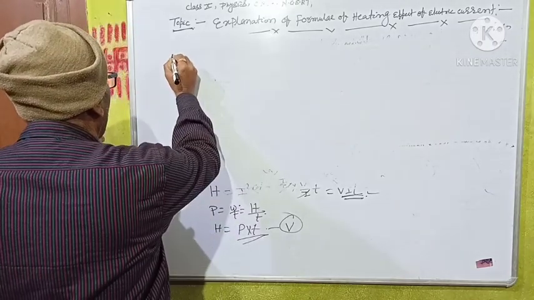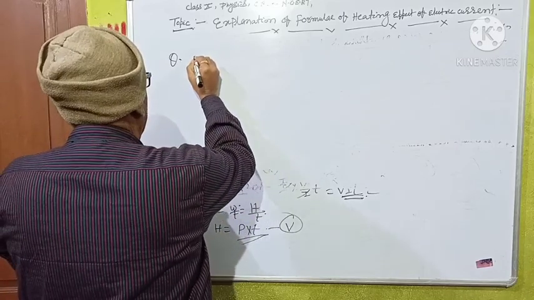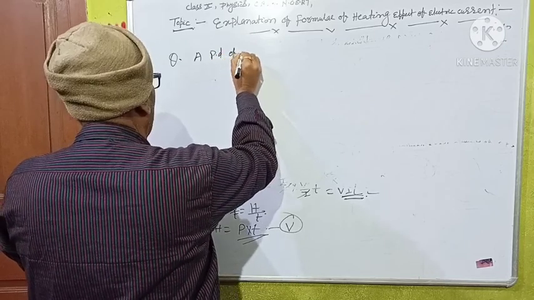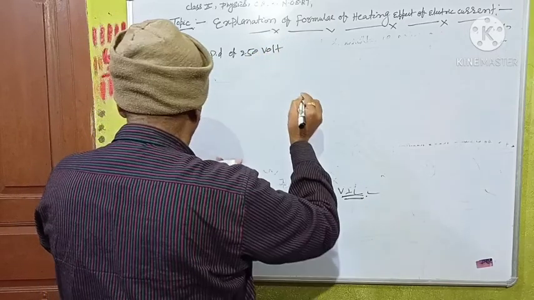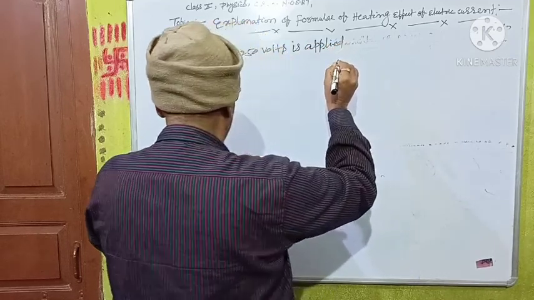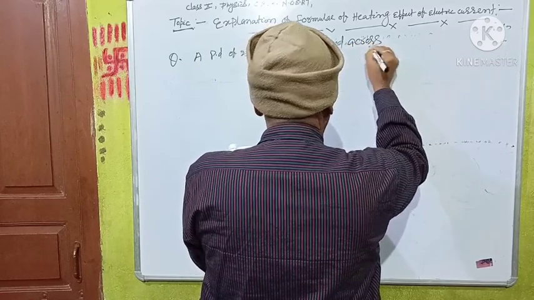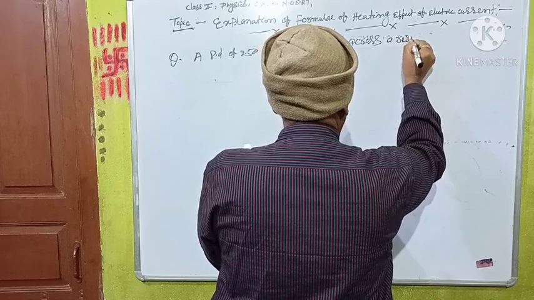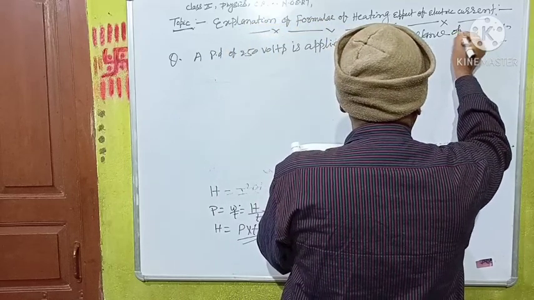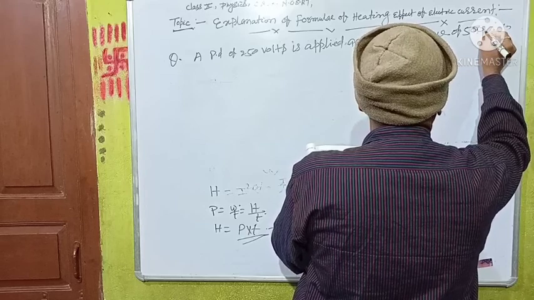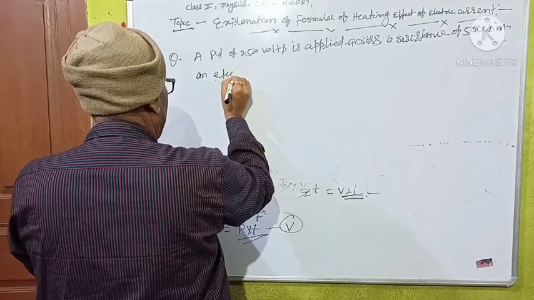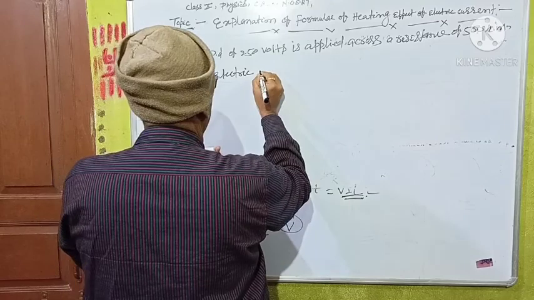Question: a potential difference of 250 volts is applied across a resistance of 500 ohms in an electric iron.